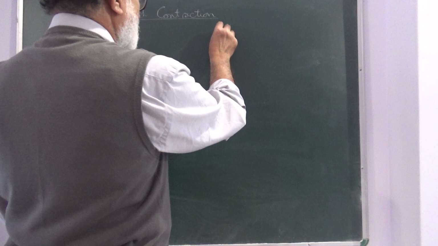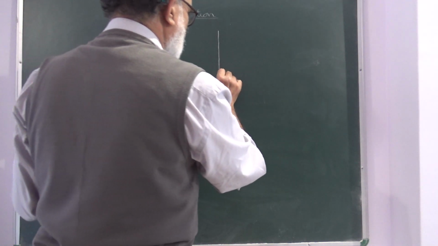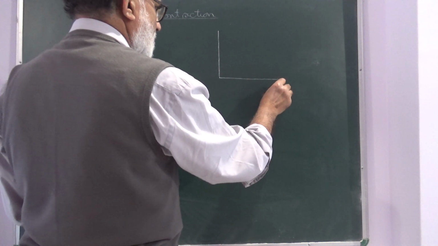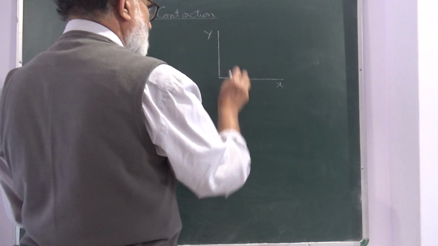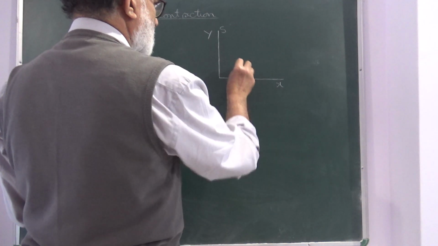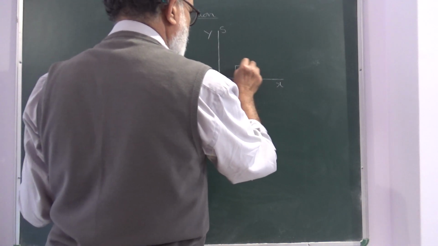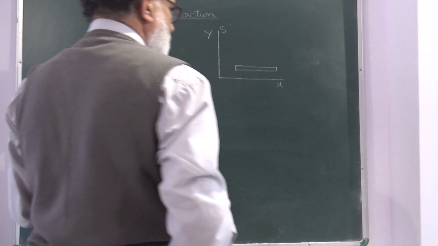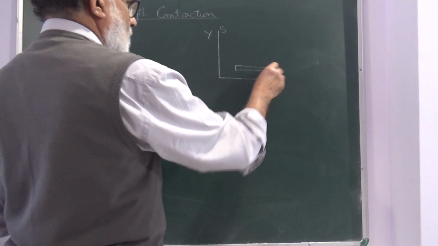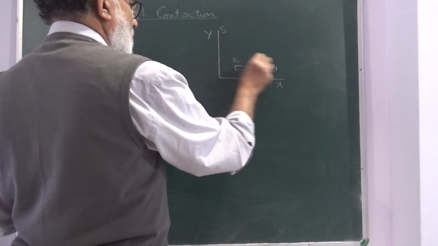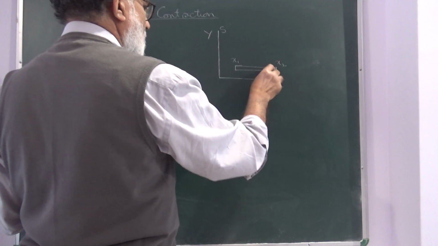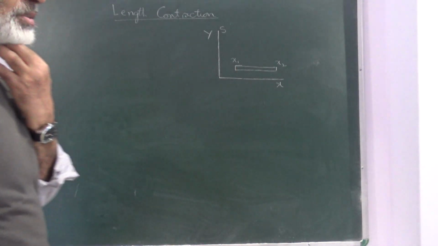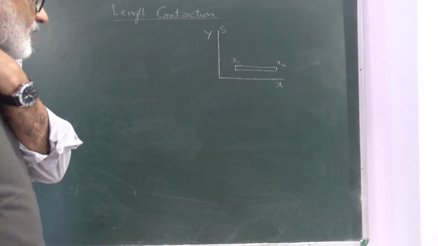Suppose we have a frame of reference, the S frame, which is at rest relative to the observer, and assume that a rod is kept in this reference frame, and the x coordinates of the ends of this rod are x1 and x2. The length of this rod will be x2 minus x1, that is say L naught.